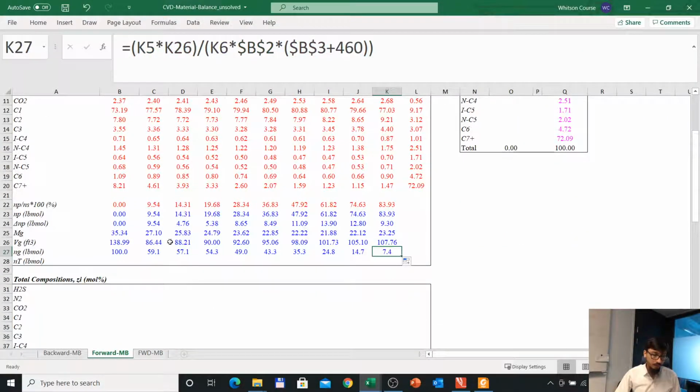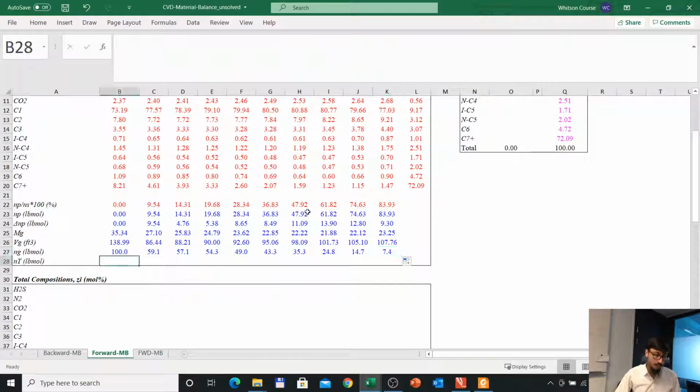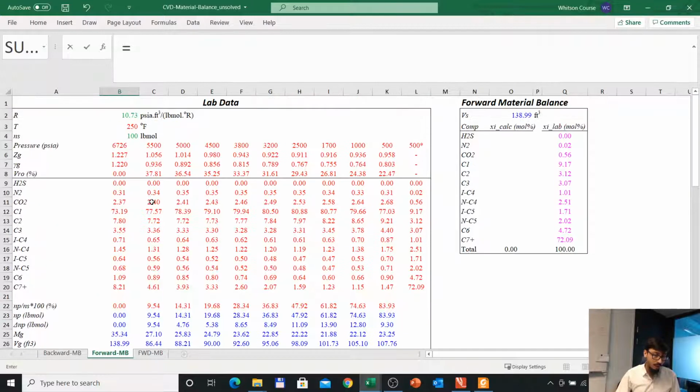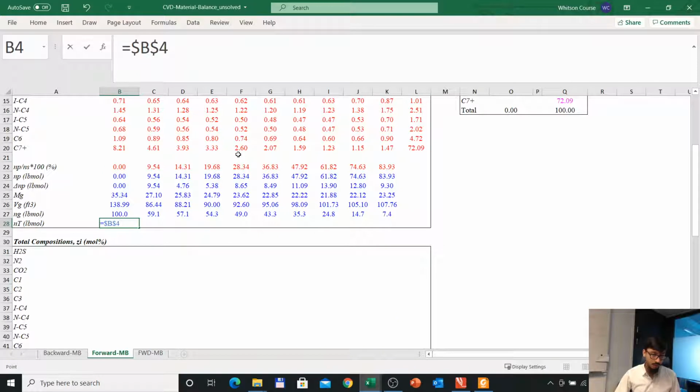Okay, and then the total moles at each pressure stage. So that should be how many moles we have initially, NS, fixing that, minus the sum of moles produced until a given pressure. So that is NP.